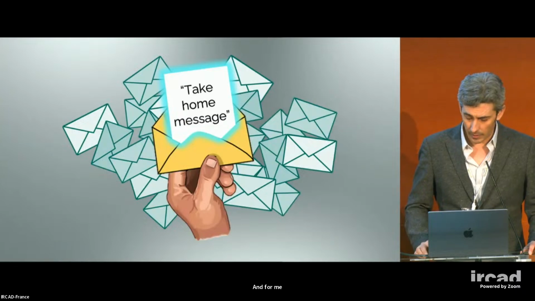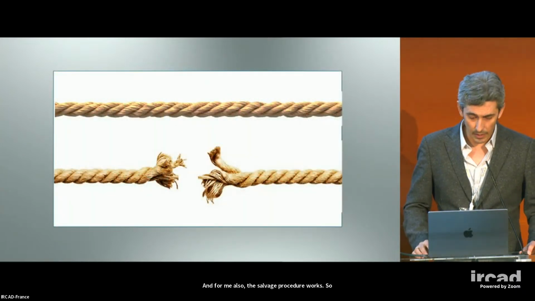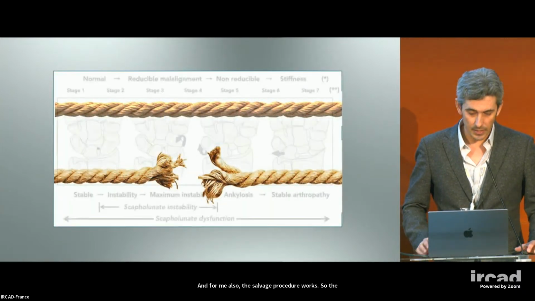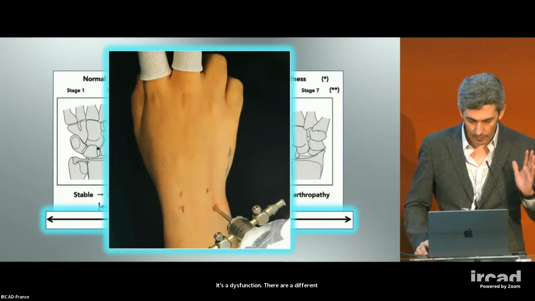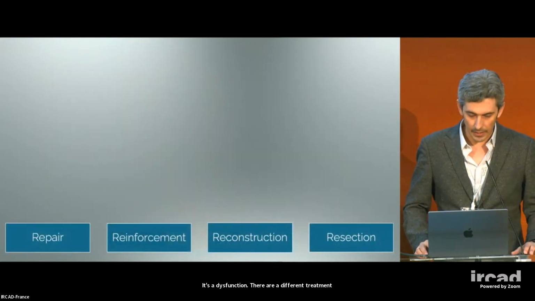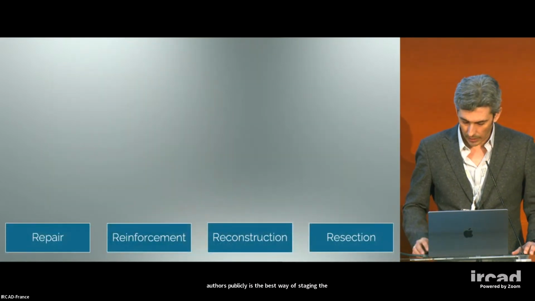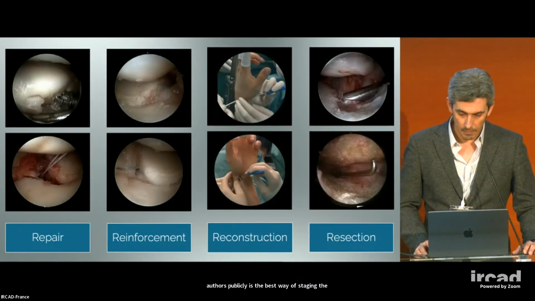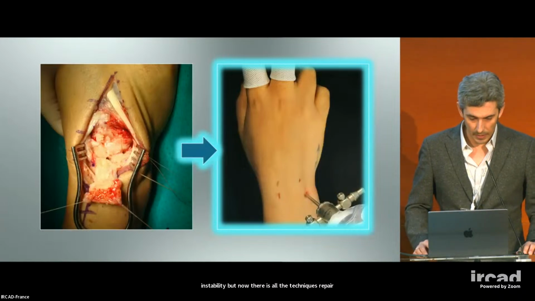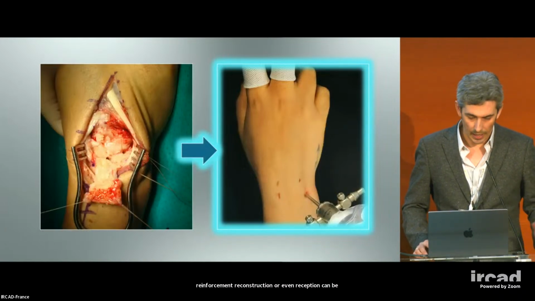So the take-home message of this lecture is that scapholunate ligament is really complex, it's a dysfunction. There are different treatments. Arthroscopy is the best way of staging the instability, but nowadays all the techniques, repair, reinforcement, reconstruction, or even resection, can be done arthroscopically, and for me this is quite an advance.